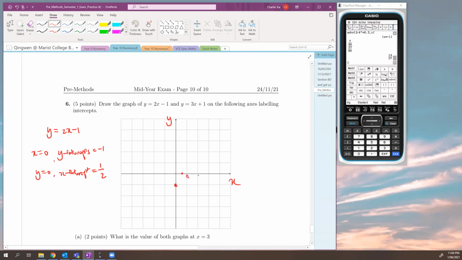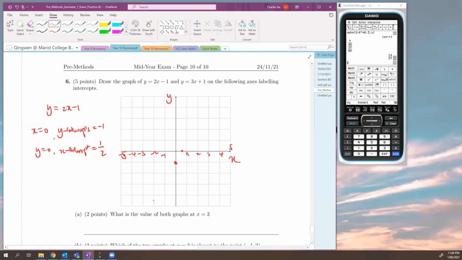Let's say this is 1. Okay, 2, 3, 4, 5. -1, -2, -3, -4, -5. Okay, so (0, -1) and (1/2, 0). So it's 2 points. Let's use the straight line. Okay, pass through these 2. Okay, now that's the first equation.